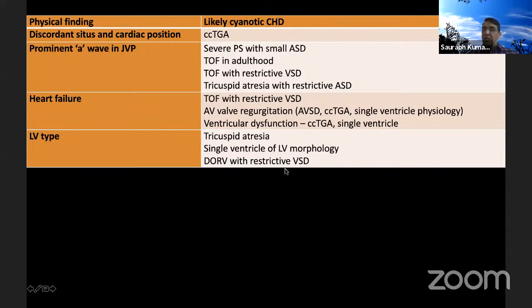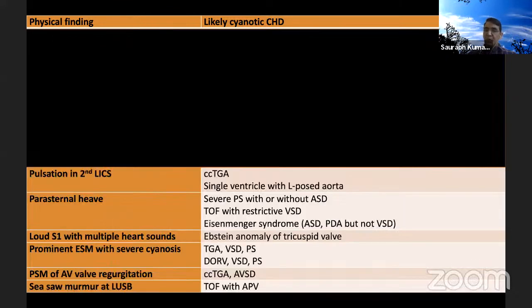So practically, if an RV type of apex is present, then we can rule out all these three. And if an LV type of apex is present, then we must include these three in our differential diagnosis whenever we are seeing a case or whenever we are discussing a case in our academic discussion or during case presentation.